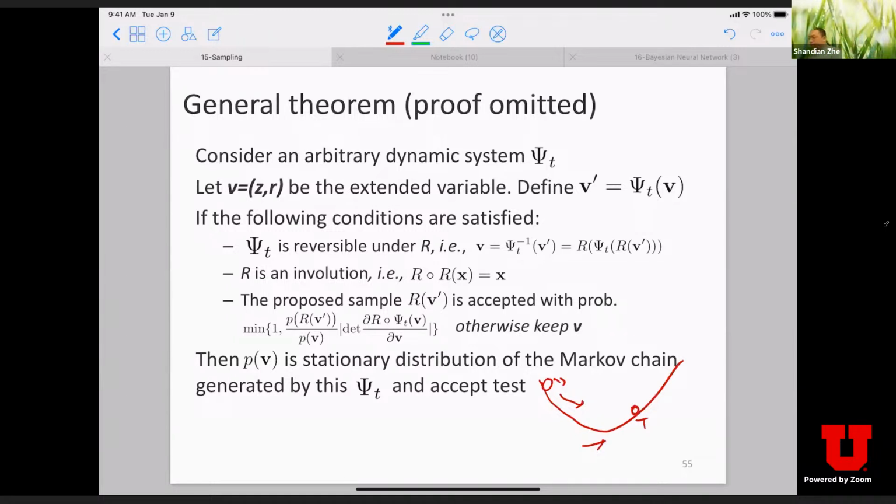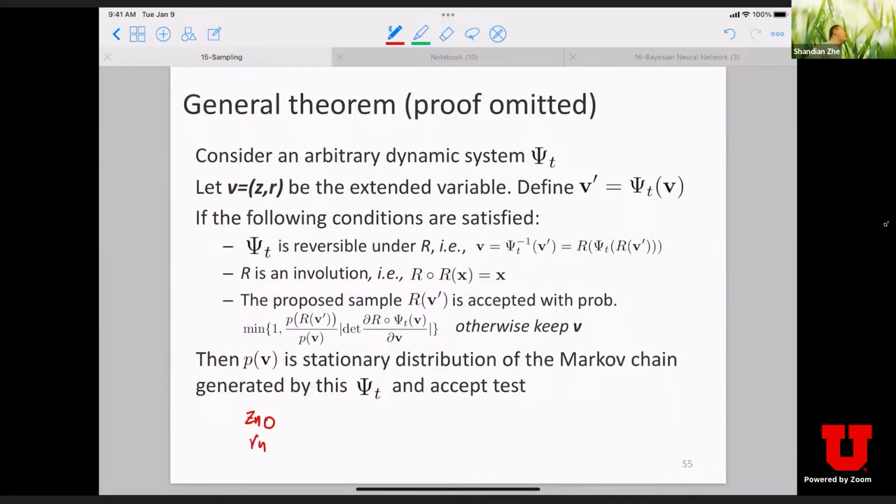So in general, you can use any dynamic system to generate proposals in the Markov chain Monte Carlo sampling framework. It's not limited to the Hamiltonian system; it can be any other system. The general framework is like this. Suppose you have your current sample Zn at step n of your Markov chain Monte Carlo simulation. You need to augment it with another independent random variable, Rn.